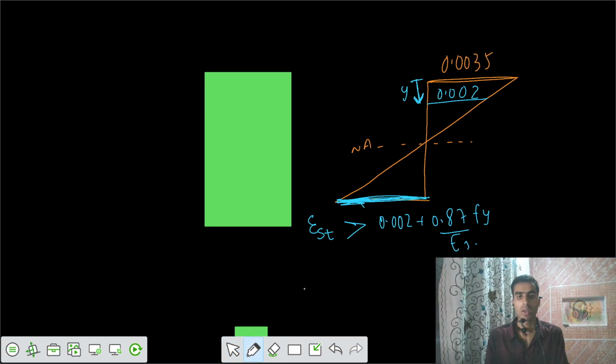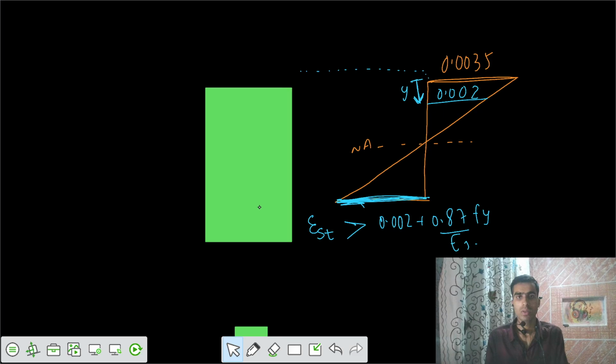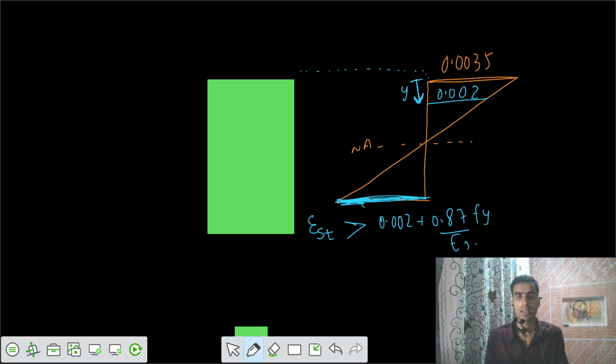Let's say this is the level at the top fiber. The strain at the top fibers on the compression side is 0.0035, and this corresponds to the sagging bending moment.